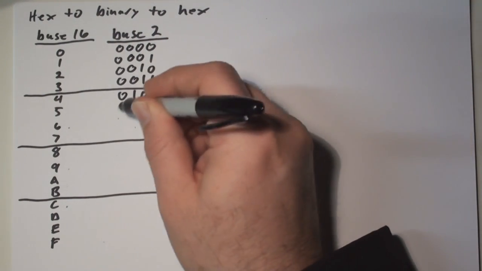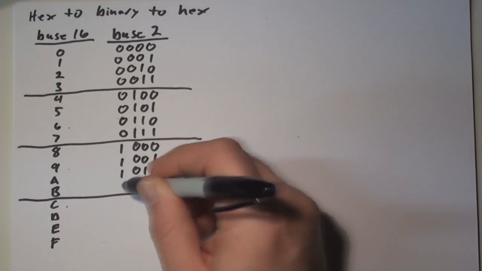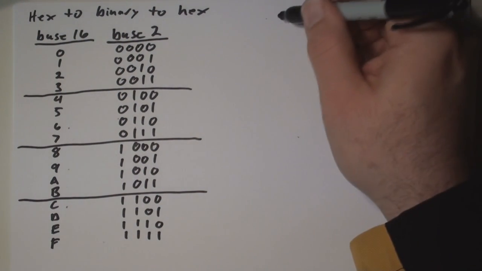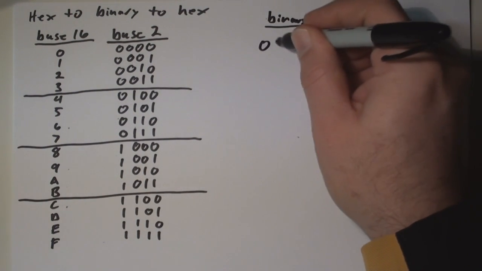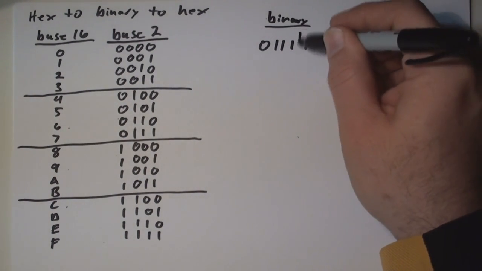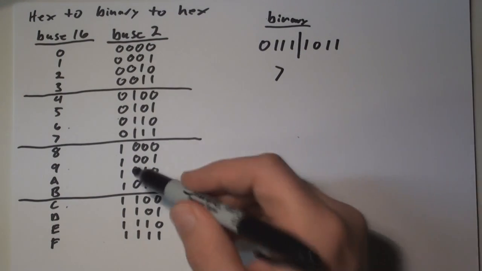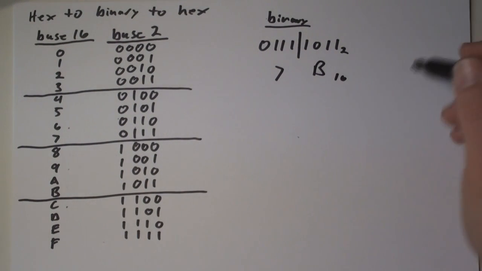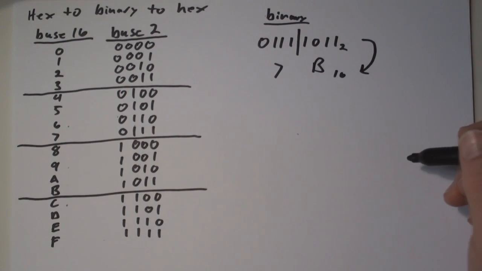Remember, the first column alternates every 1 bit, the second column alternates every 2 bits, the third column alternates every 4 bits, and the fourth column alternates every 8 bits. So now I have a key that gives me a binary equivalent for each base 16 number. And if I have a binary number like 01111011, this is really two 4-bit binary numbers. And I can just look up the binary number on the table and find the hexadecimal equivalent. So the binary number 01111011 is the hexadecimal number 7B.